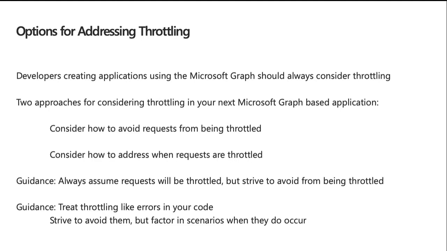It's like exceptions or errors in your code. Developers always strive to avoid errors, but they happen. There's a reason why the try-catch-finally construct exists. While you should strive to avoid them, you should also incorporate logic in your code that accounts for when it does happen.